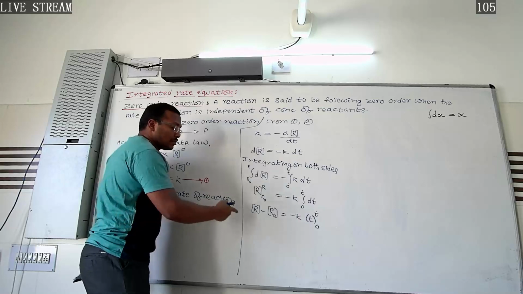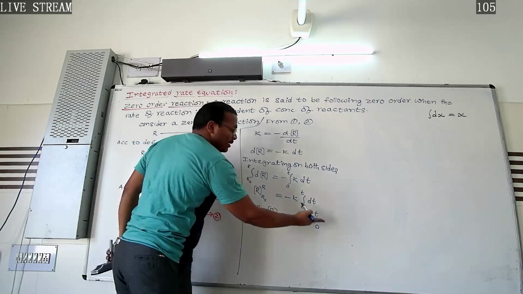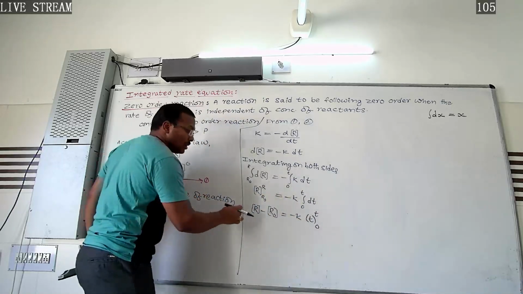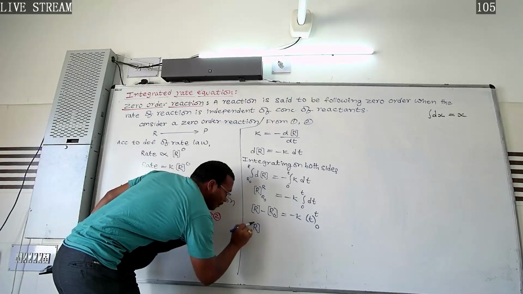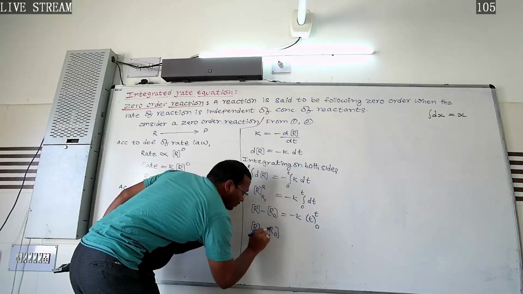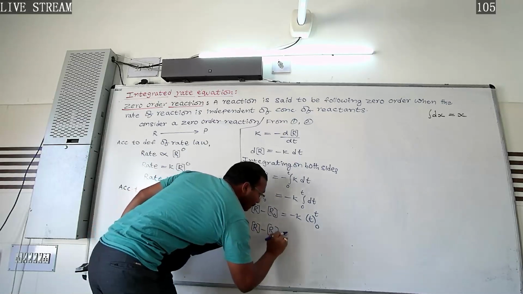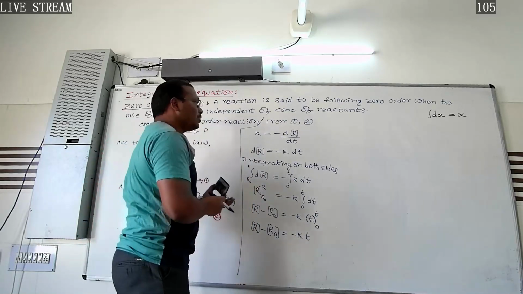Why? Square bracket stands for concentration, normal bracket is different. So r minus r naught is equal to minus k into t.